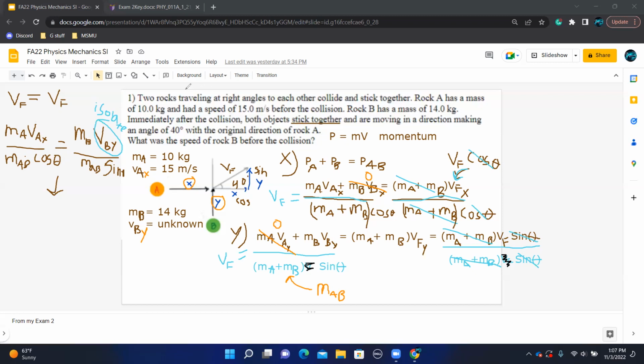So I'll probably write it out that way. See if I can actually type it. So we have M AB sine theta times M A V A, space for stuff.